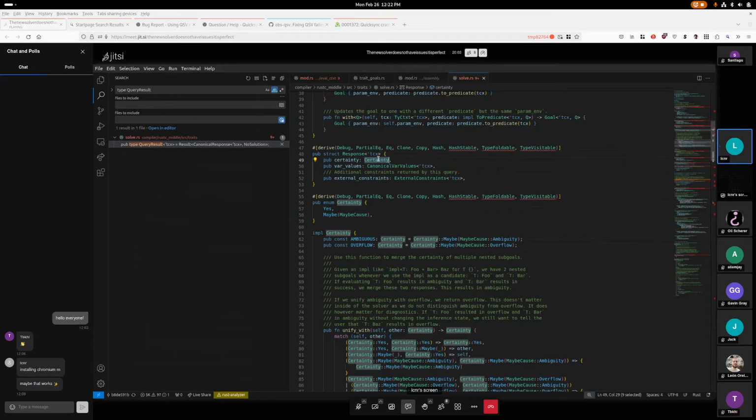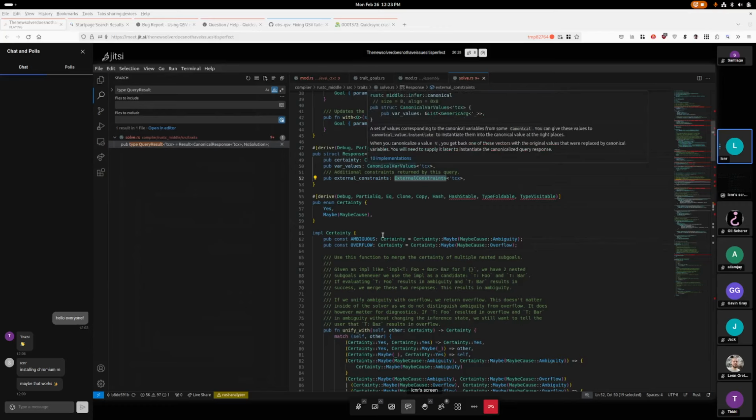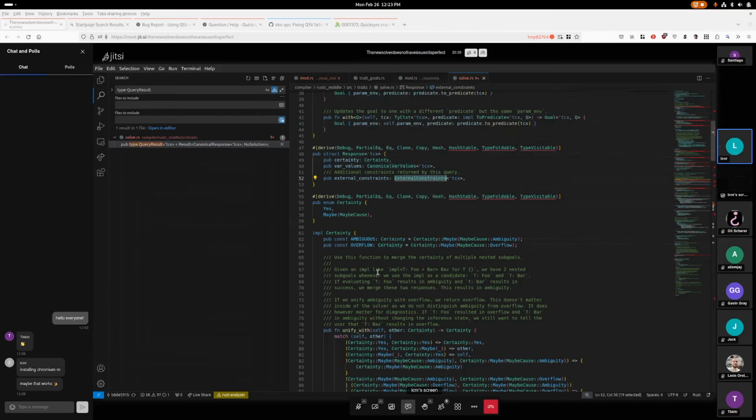Like there are multiple candidates which could hold, or we have to prove some goal on an inference variable. In these cases, we return ambiguity. And finally, some external constraints, which are region constraints and some opaque type stuff, which we should probably also talk about at a different time. So we either return yes or maybe, like yes or ambiguity. And we also return the inference constraints.